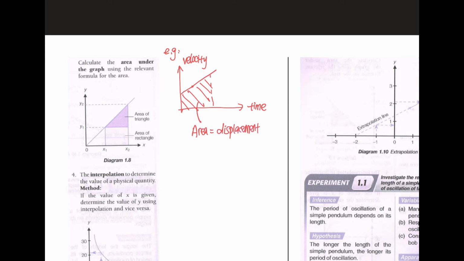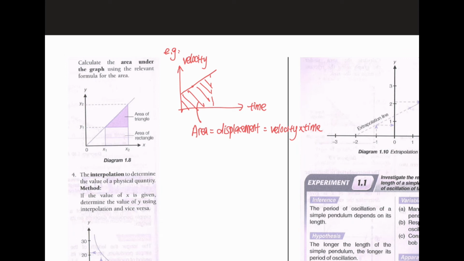How do we know the area represents displacement? There is a way to help us. You try to take the y-axis, multiply with the x-axis. Velocity multiplied with time is displacement. Then the area represents displacement.